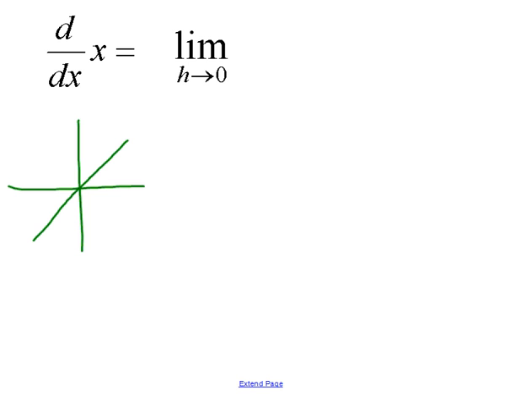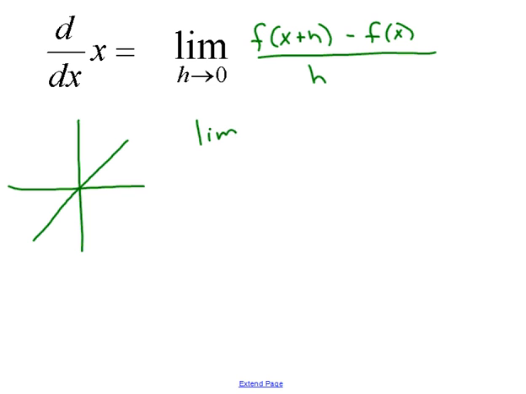If we want to use the limit definition, we know that we're going to do f of x plus h minus f of x all over h. In this case, f of x plus h is x plus h, and f of x is x. As you see here, the x's cancel each other out.